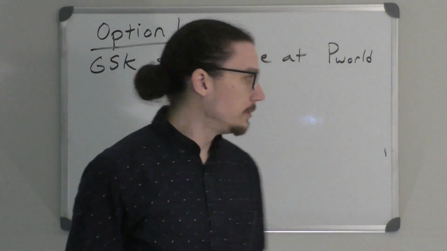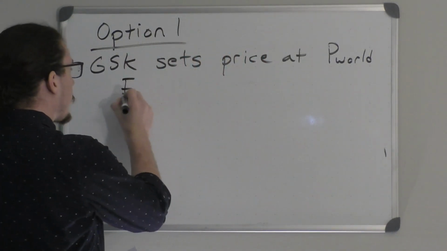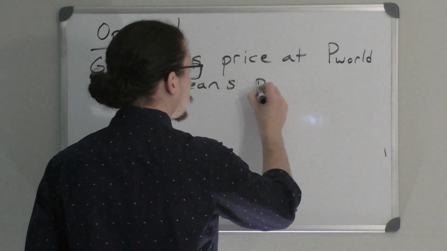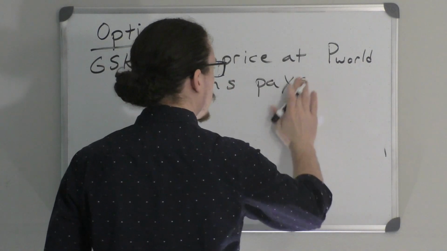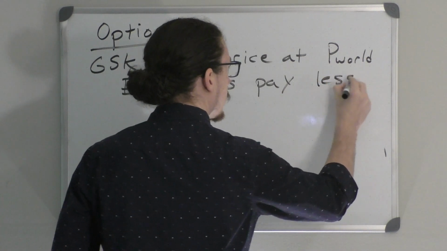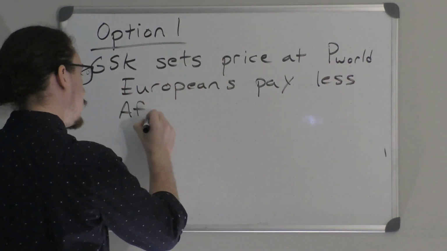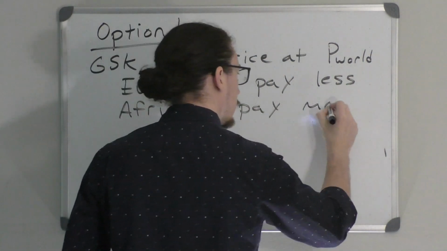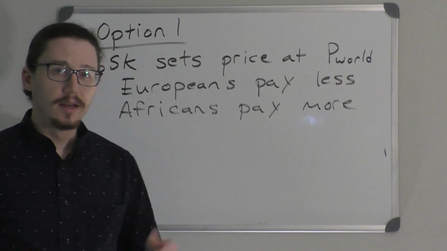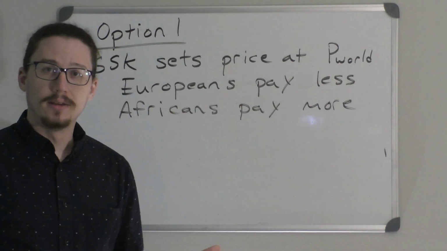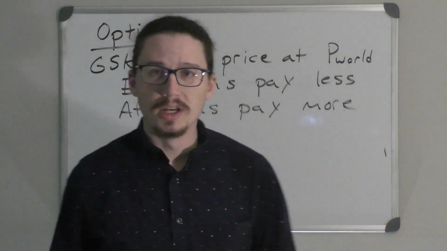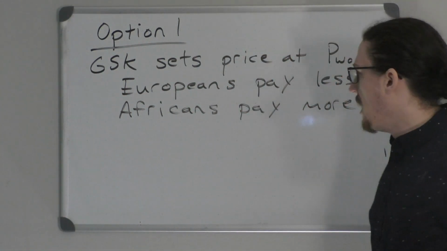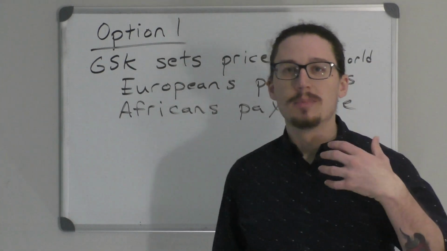So it's meeting somewhere in the middle. In this case, Europeans are going to pay less than they would with price discrimination, and Africans are going to pay more, right?